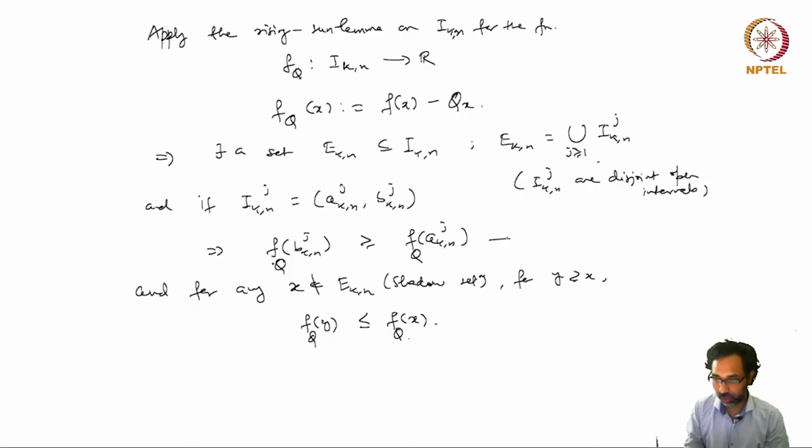So now let's try to unpack what this inequality means for Fq. So Fq(bknj) greater than or equal to Fq(aknj).